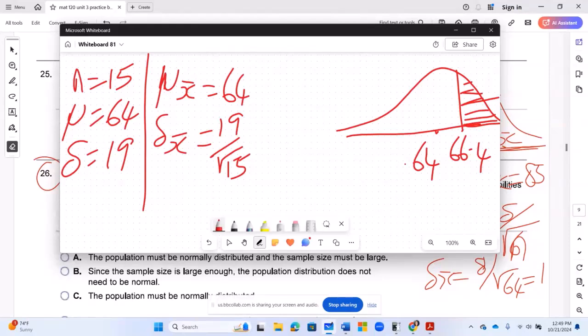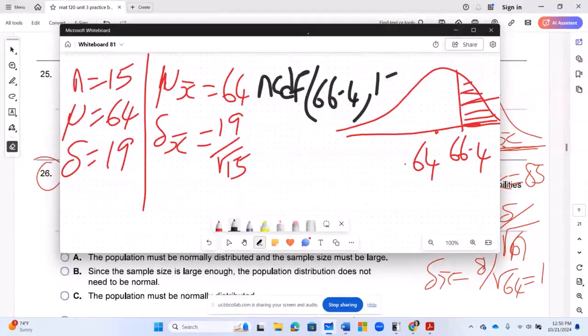So let me write the argument I would use to tell my calculator. That argument is normal cumulative density function. The lower bound is 66.4. The upper bound is 1E to the power 99. The mean is 64.